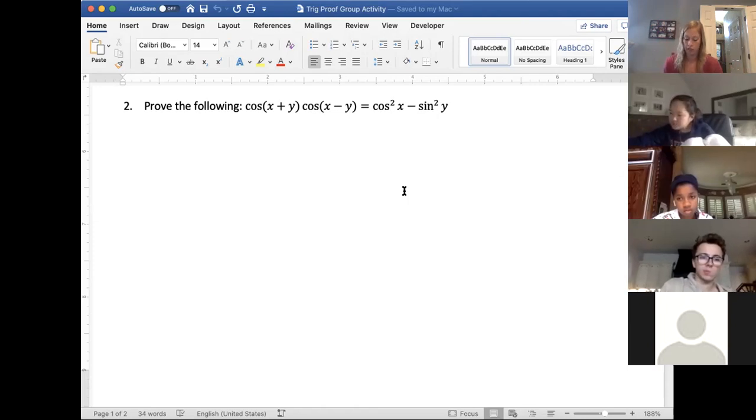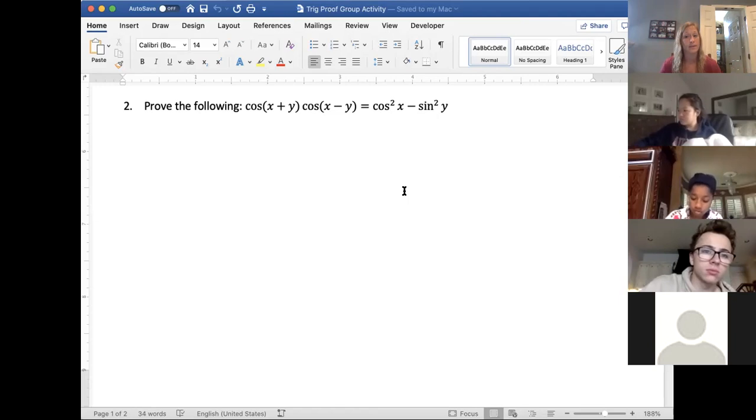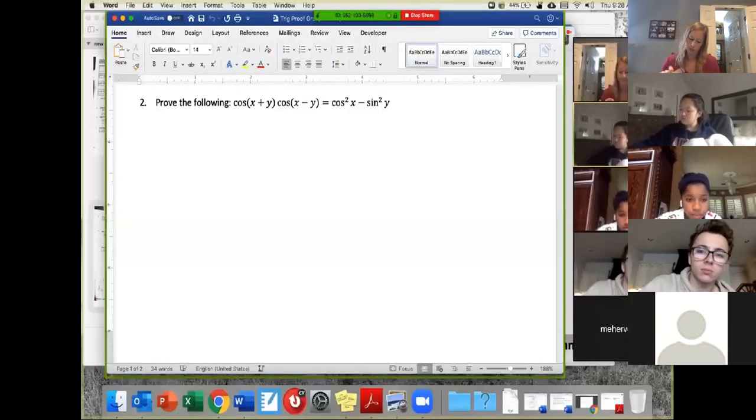If I'm taking a look at question 2, anyone have any good ideas as to where to start there? Sum and difference. Okay, and notice how many sum and difference identities am I going to use here? 2. Okay, so let's just take a minute and expand this one first. So if I use my sum and difference identity for cosine, what is that going to tell me to do?